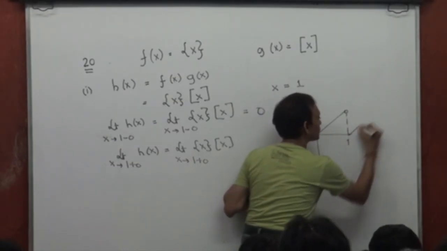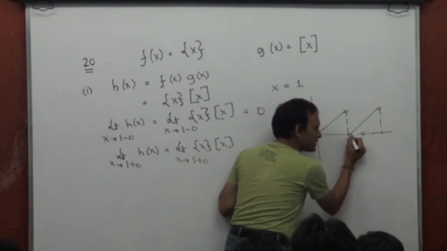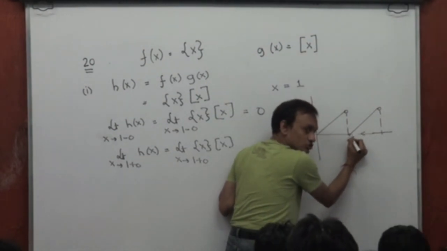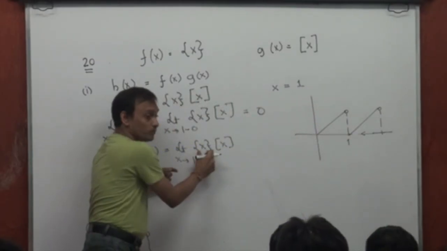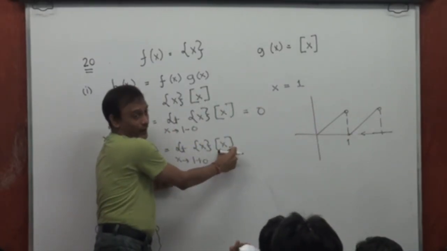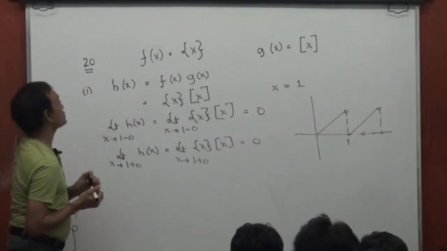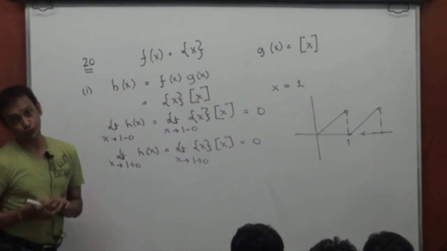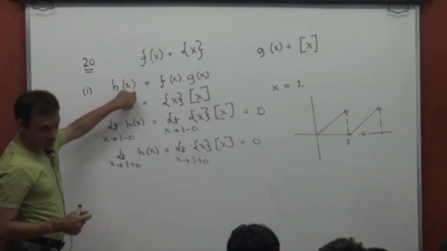This is 1. As x tends to 1 from the greater than 1 side, the fractional part of x tends to 0. So this tends to 0 and this is identically equal to 1. So this product will tend to 0. So h(x) is continuous at x equal to 1. h(0) is also 0, right?